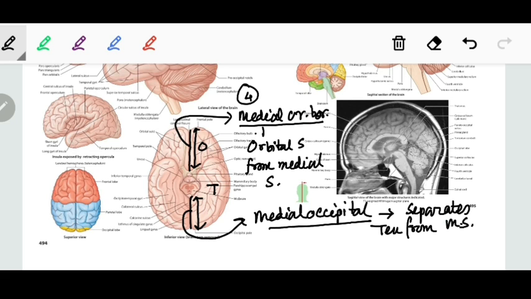So the medial orbital border separates the orbital surface from the medial surface, and the medial occipital border separates the tentorial surface from the medial surface. And in between them, the border which intervenes between the medial orbital and medial occipital borders and winds round the crus cerebri is known as the hippocampal border.